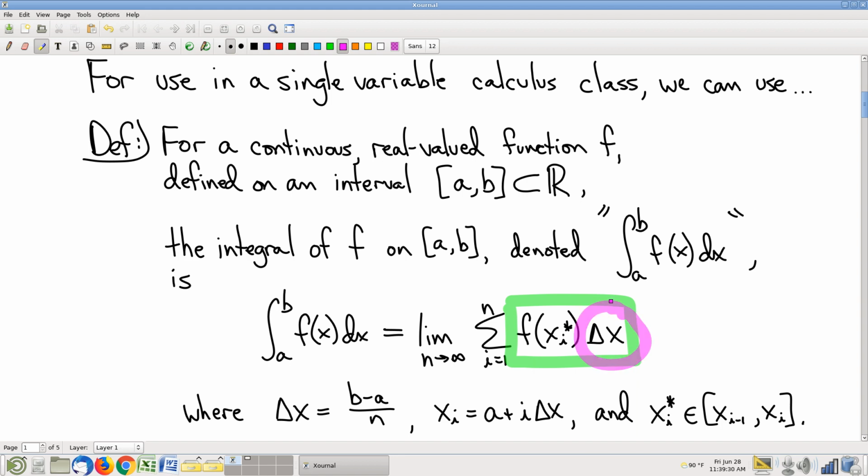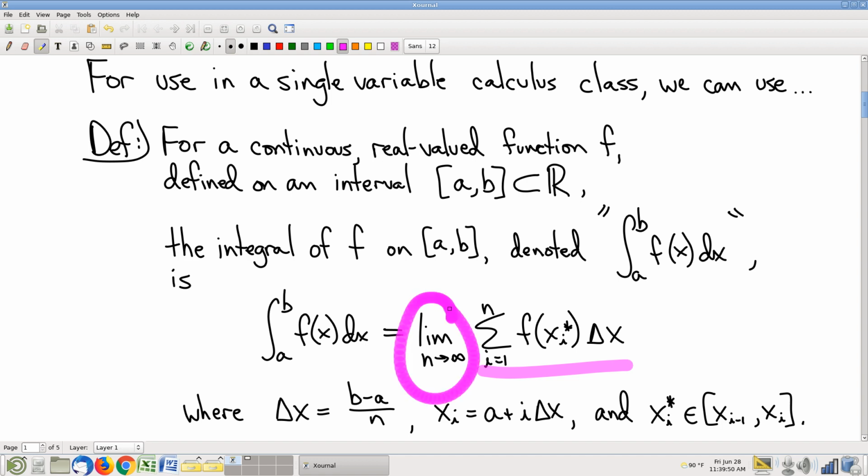This is often thought of as the width of a subinterval of the interval from A to B. And the other factor is the value of some function. What function is that? Well, that depends on the application that you're thinking about. For this Riemann sum expression, we take a limit as n goes to infinity, and again, there's our definition of an integral.